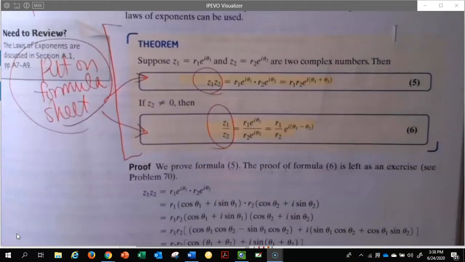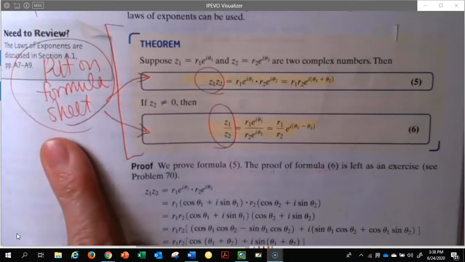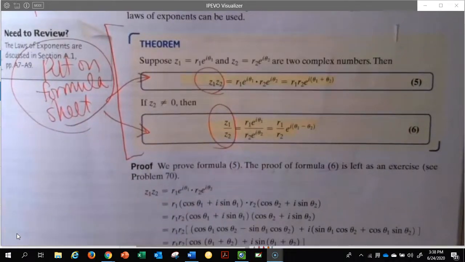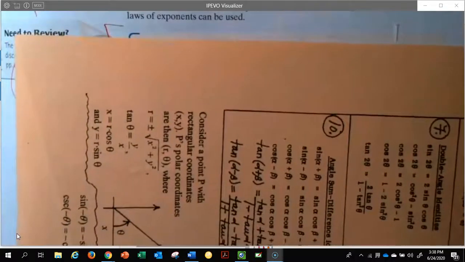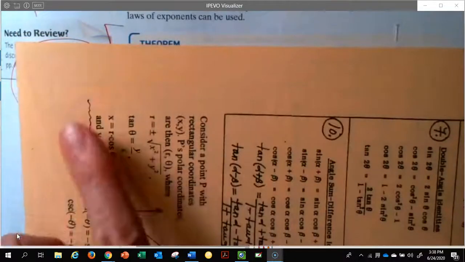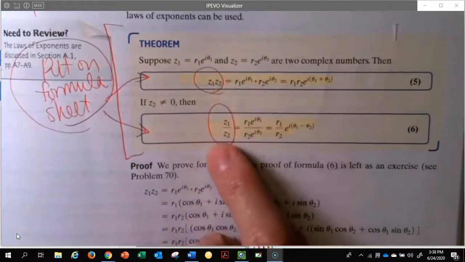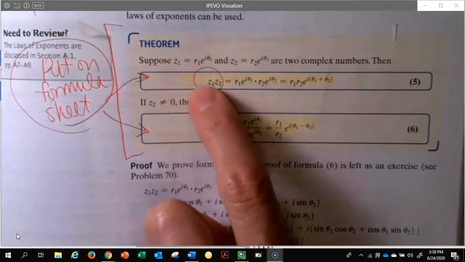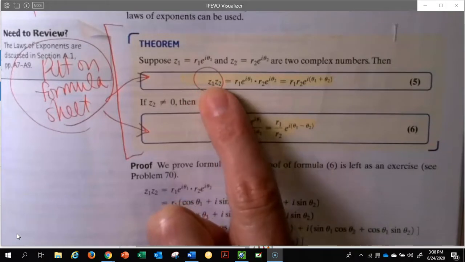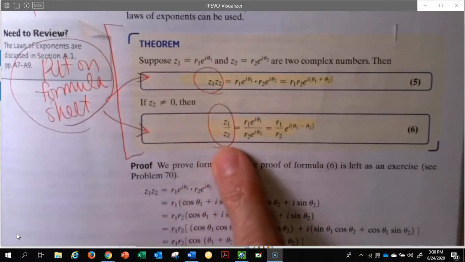So as you look at page 603, notice I have a note to put this on your formula sheet. Hopefully somewhere on your formula sheet you start a complex section, and you need to put these two formulas there, because we need to know how to multiply two complex numbers as well as divide two complex numbers.